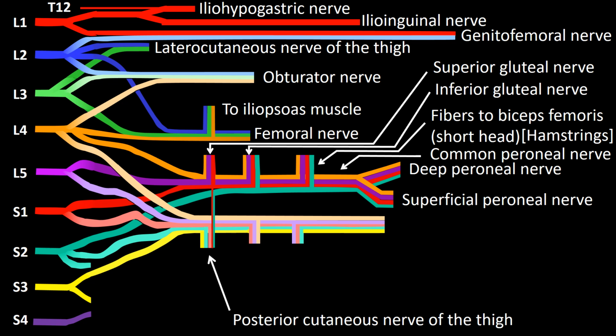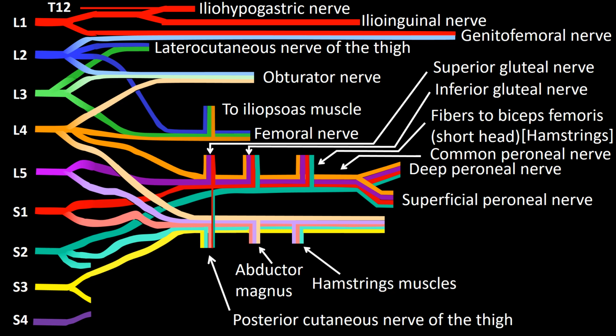After the formation of the posterior cutaneous nerve of the thigh, the tibial division of the sciatic nerve advances caudally, giving a branch to innervate the adductor magnus, and then another branch for the hamstring muscles, including fibers to the long head of the biceps femoris.